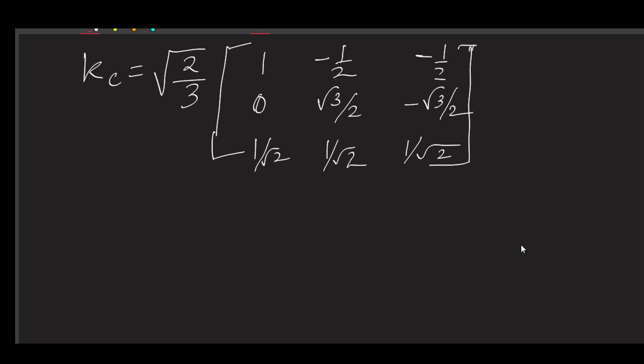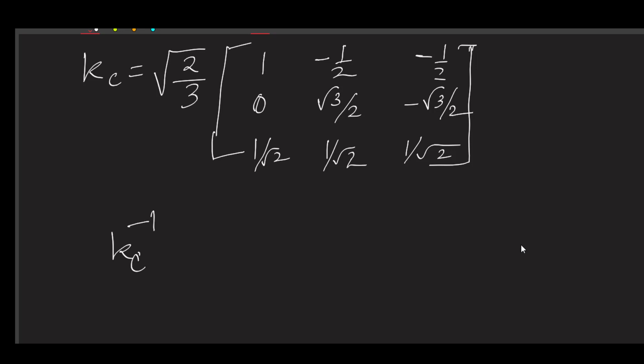This is done keeping power invariance in consideration. Now, if you want to convert it back, we can easily prove that this matrix is invertible, and we can have KC inverse exist for us.